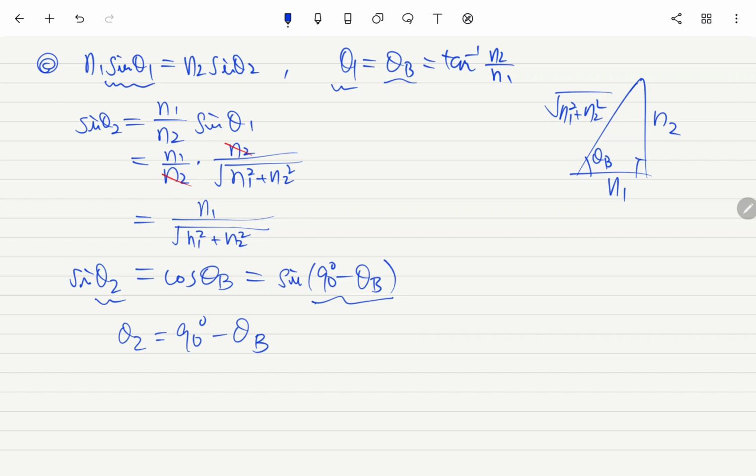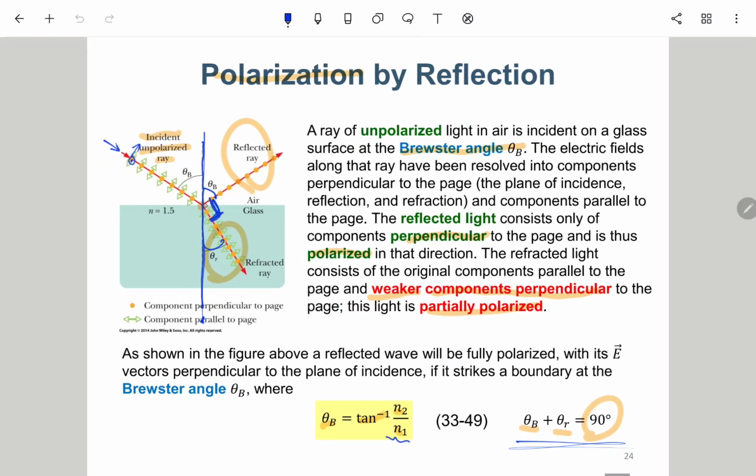Or we can write it as theta out referring to the refracted. So theta 2 plus theta b is 90 degree, that is, theta b plus theta out will be 90 degree in that particular case. This is the other method to generate some polarized light without the polarizing filter.